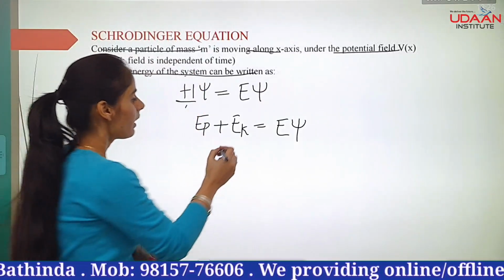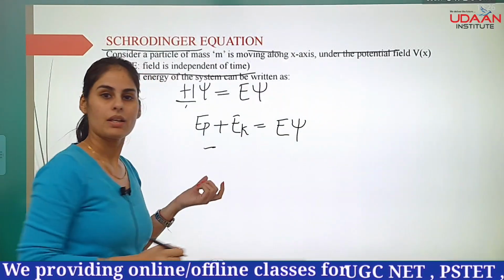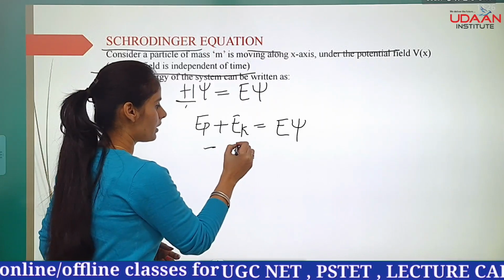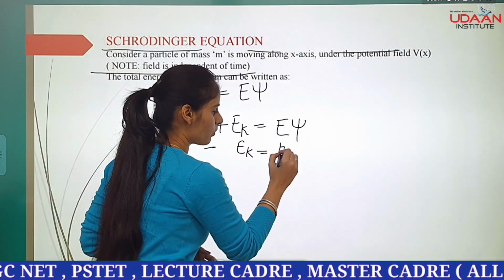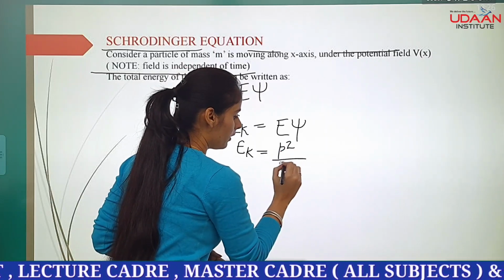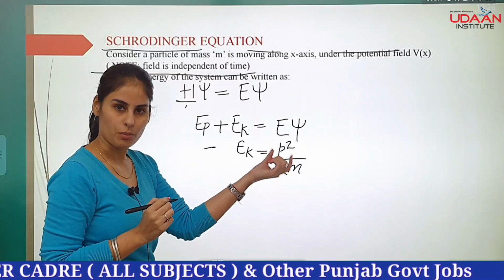As we know, kinetic energy Ek can be written as P square divided by 2m, where P is momentum.